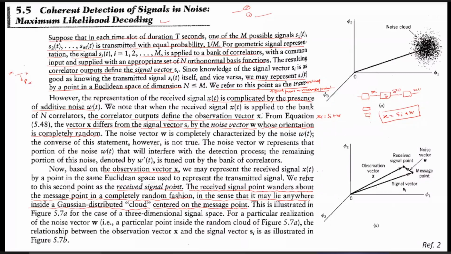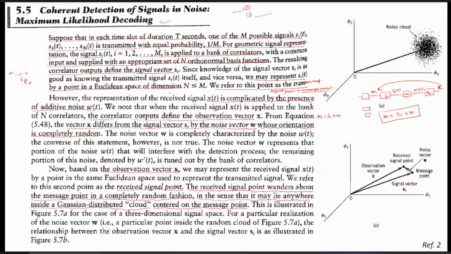Once this x(t) passes to the receiver, it generates the random observation vector x. On the basis of the observation vector x only, we have to decide which m_i has been transmitted. So let us see that, in the channel the w is added.